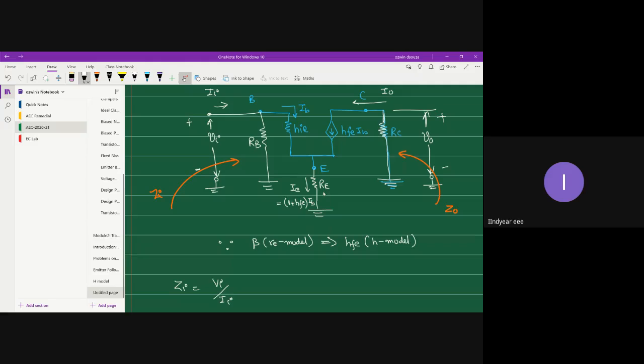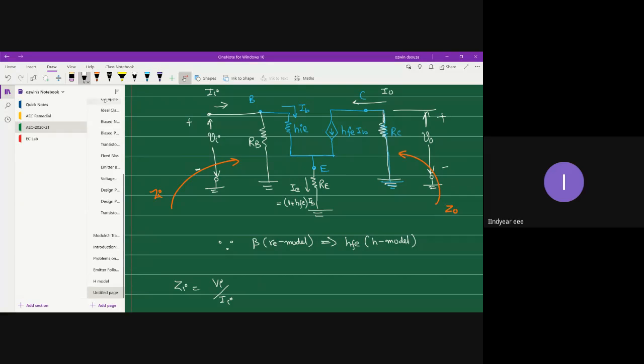The only difference is that you cannot consider HIE and RE in series, because through HIE the current IB flows, and through capital RE the emitter current IE flows. So what we are doing here is replacing the emitter current IE with an equivalent base current. The emitter current is some gain times the base current.